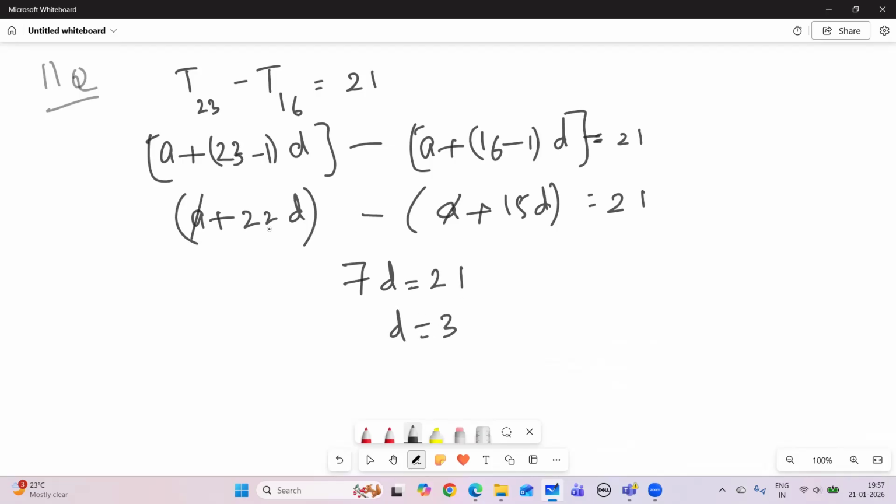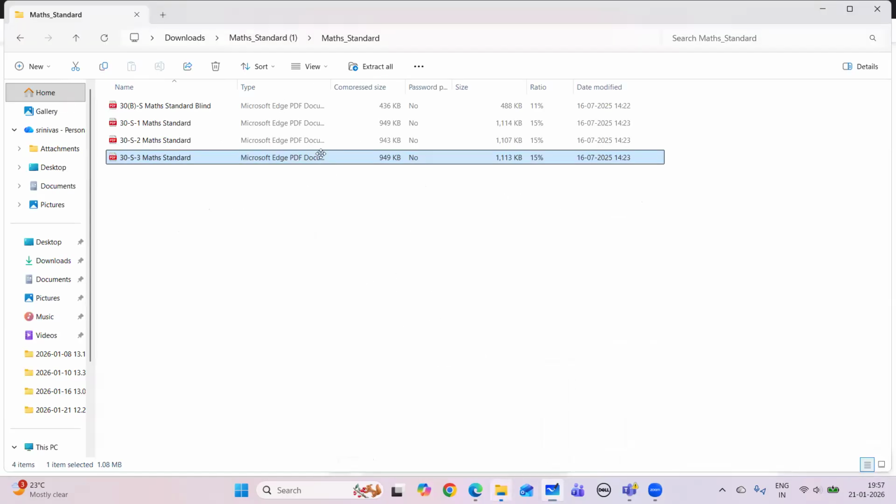A minus A cancels out. 22D minus 15D, D is common. 22 minus 15 is 7. So 7D is 21. 7 goes into 21 three times. So D is 3 units. So that is the answer.